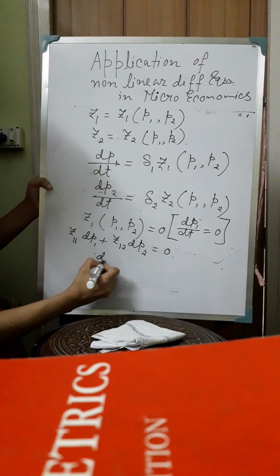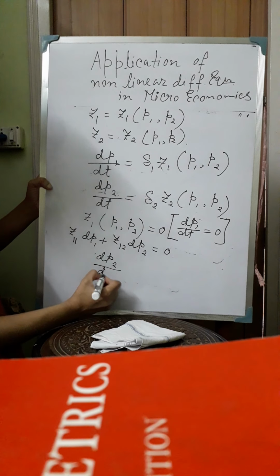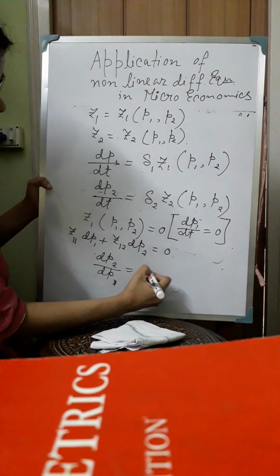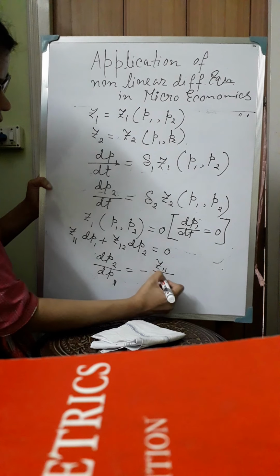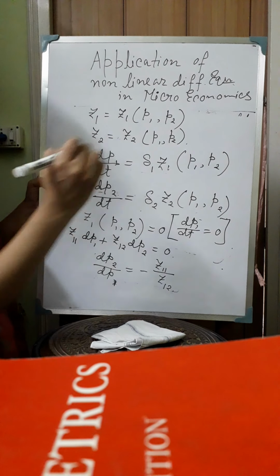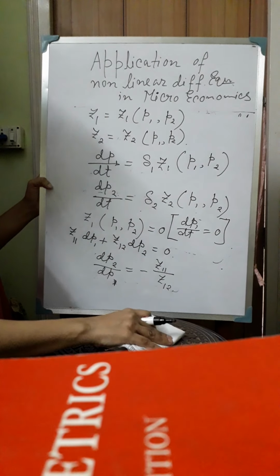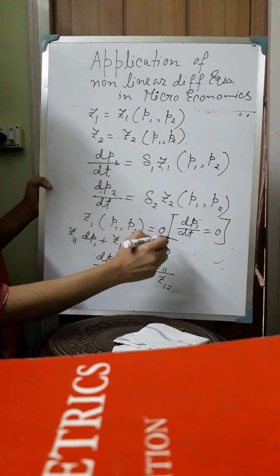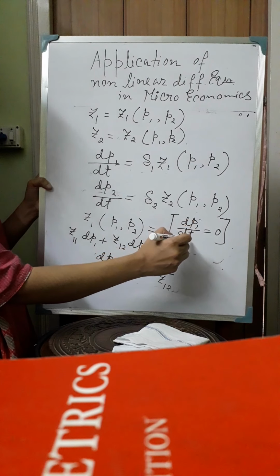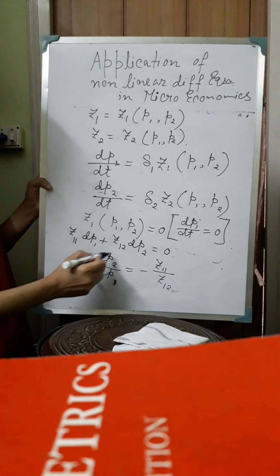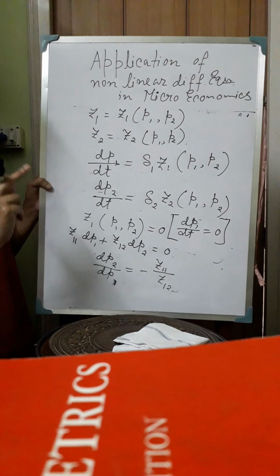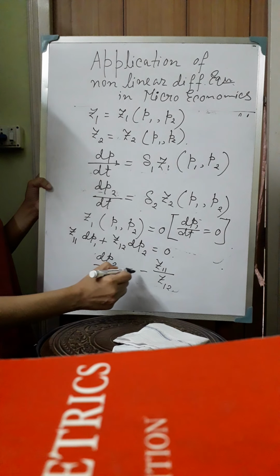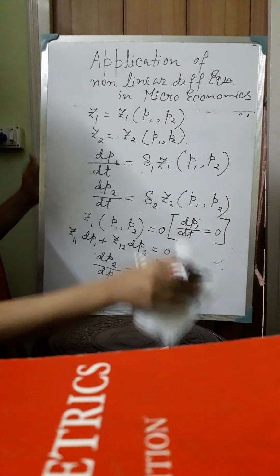So from here we get dP2/dP1 is equal to minus Z11 divided by Z12. If there is stability in market 1, that is, no change in price with respect to time in market 1, then we get this. So when there is equilibrium in market 1, dP2/dP1 is equal to minus Z11 by Z12.